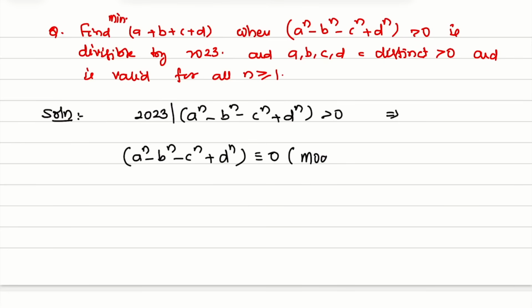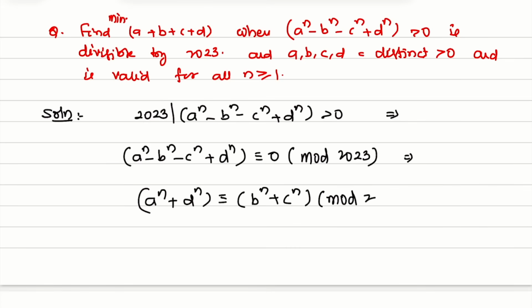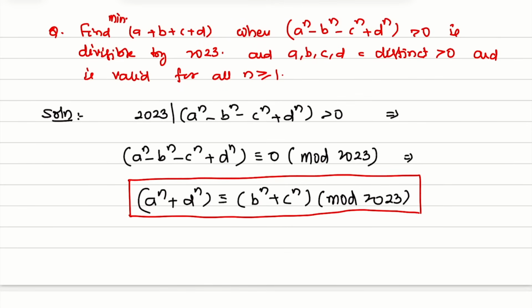This can also be written as, you take the negative values to the right hand side, it will become a to the power of n plus d to the power of n is equivalent to b to the power of n plus c to the power of n mod 2023. This is the very important step in this solution.